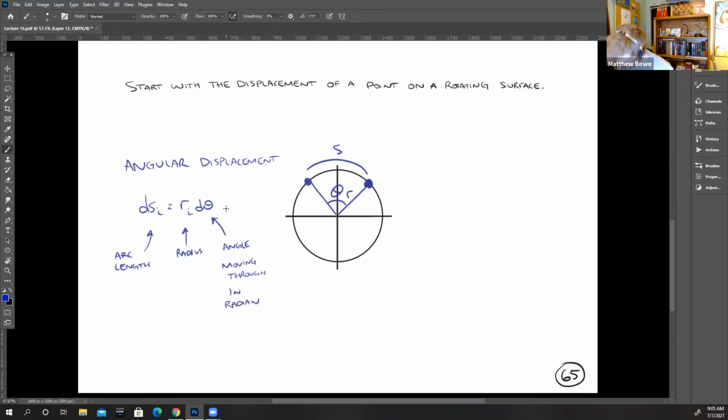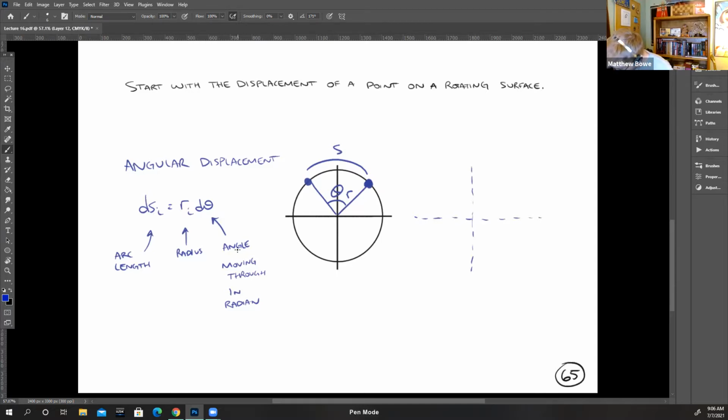We need to be careful because since we're switching to this system where everything is rotating, everything is related to a circular path, we're going to switch to radians. You might see this is ds and d theta. What I'm saying with this, let me recreate that picture right next to it.